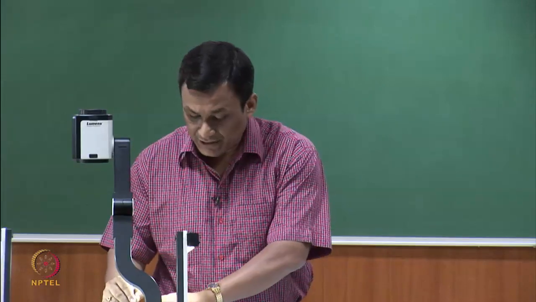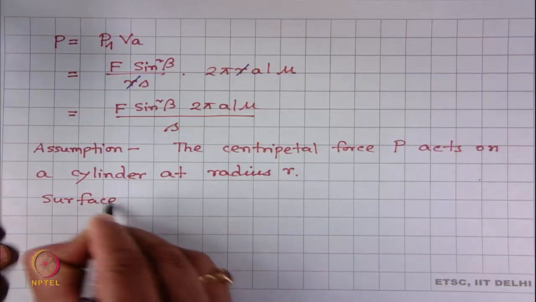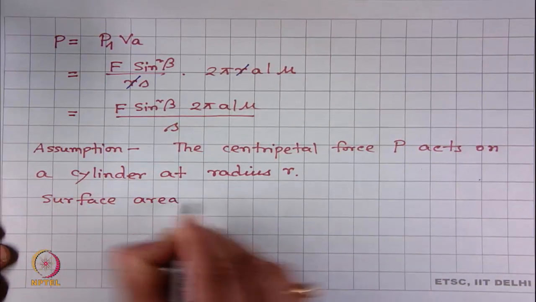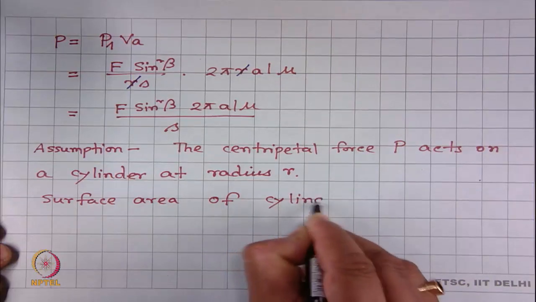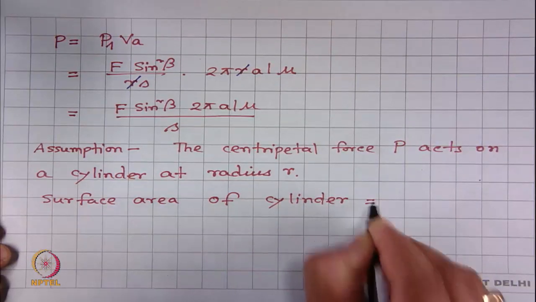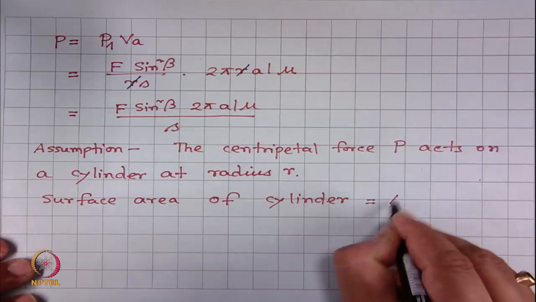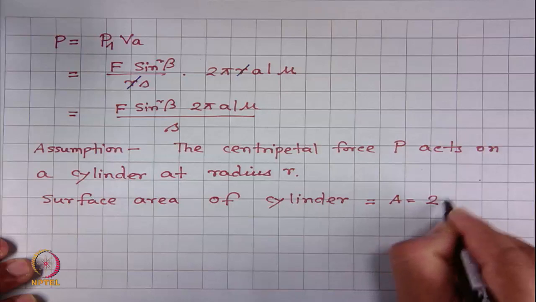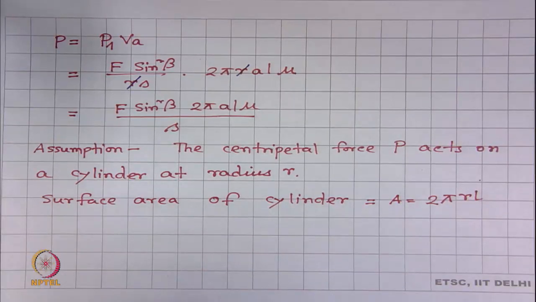What is the surface area of that cylinder? Surface area A is 2 pi r into L. So, what is the pressure developed in the compression zone?